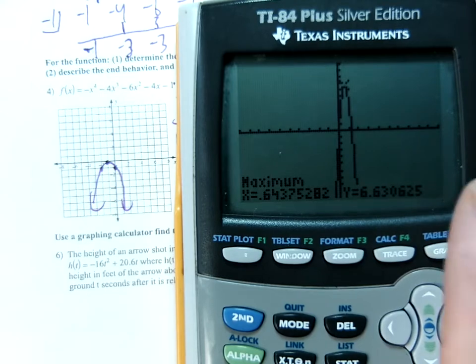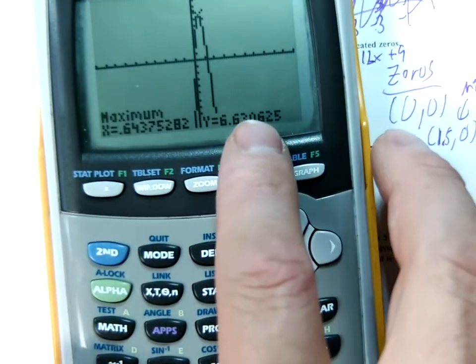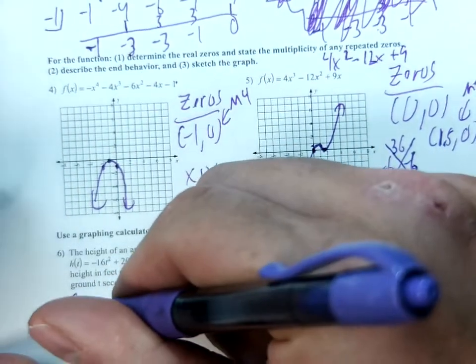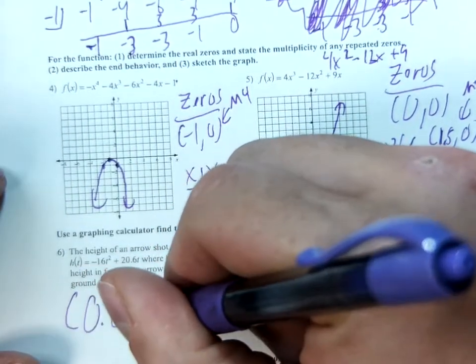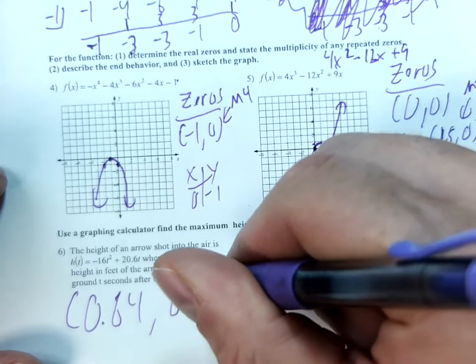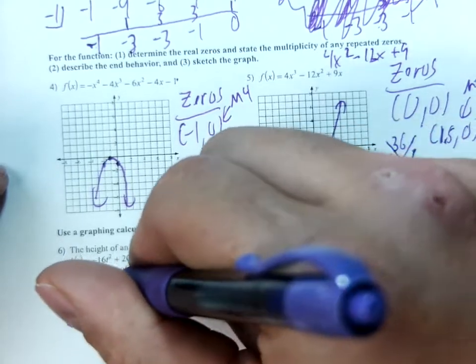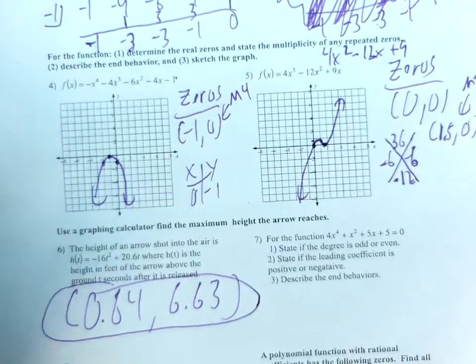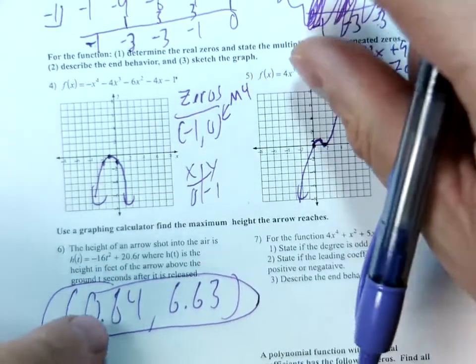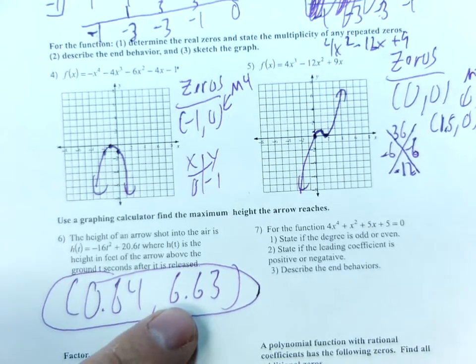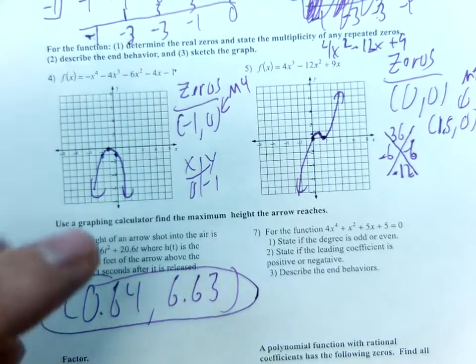We're going to write down both values, even though all I'm looking for is the y, the 6.63. So 0.64, comma 6.63. So at 0.64 seconds, or 64 hundredths of a second, it's at 6 and 63 hundredths feet. It's the height of the arrow.